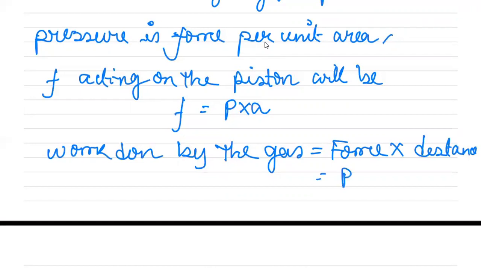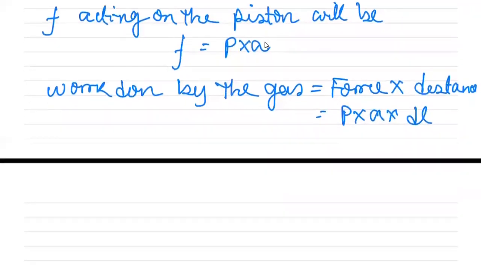P into A. Distance is what? dl. But this A into dl is very, very small. That's why we are considering it as dV, a small increase in the volume of the gas.